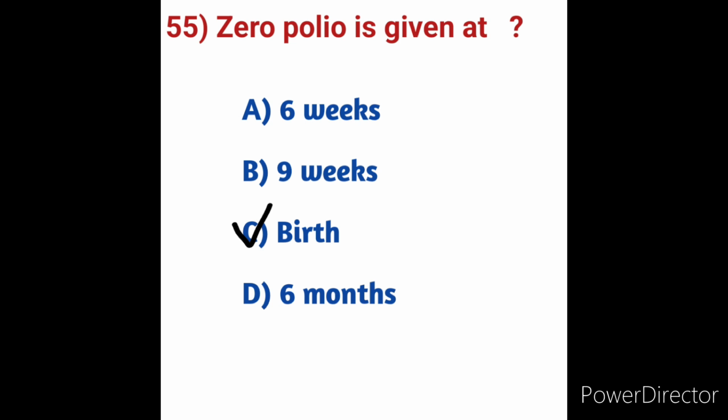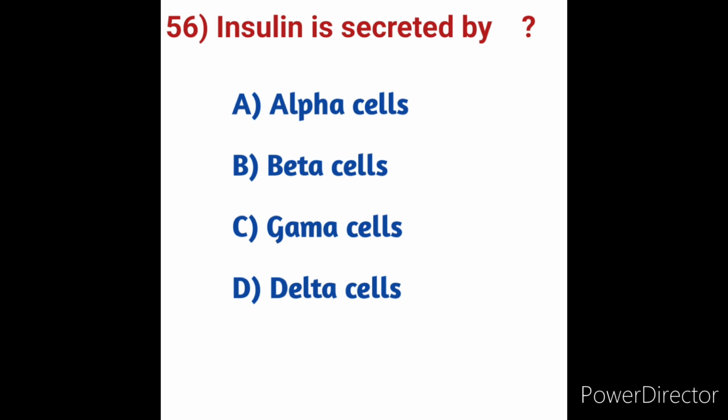Next we will move on to question number 56. Insulin is secreted by. We will see options. Option A, alpha cells. Option B, beta cells. Option C, gamma cells. Option D, delta cells. Pancreatic beta cell dysfunction plays an important role in the pathogenesis of both type 1 and type 2 diabetes.